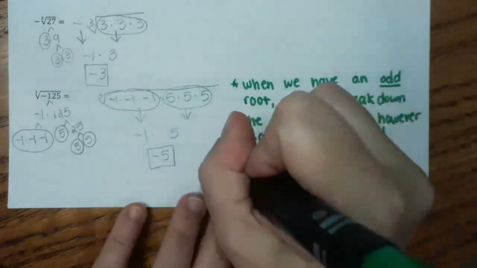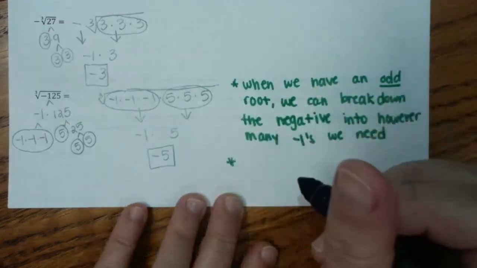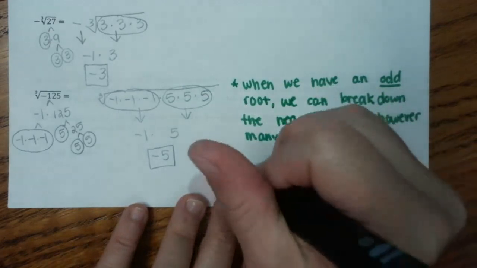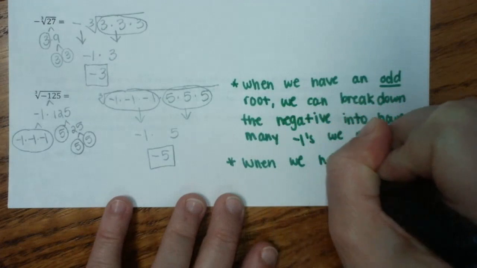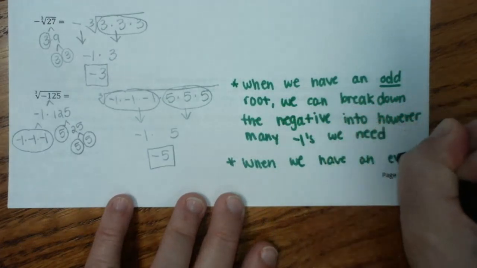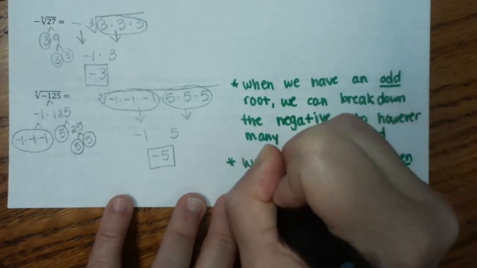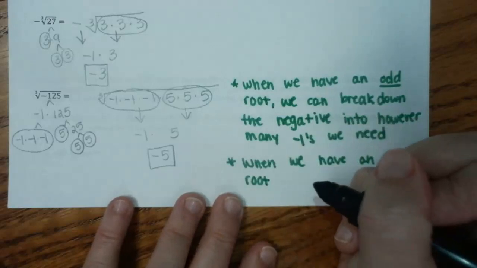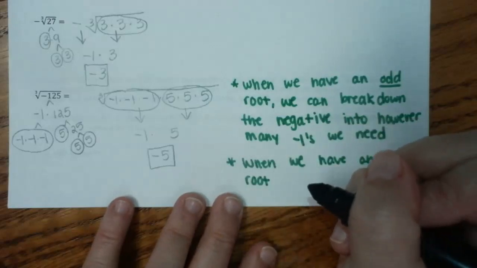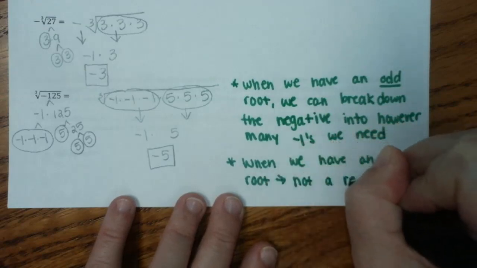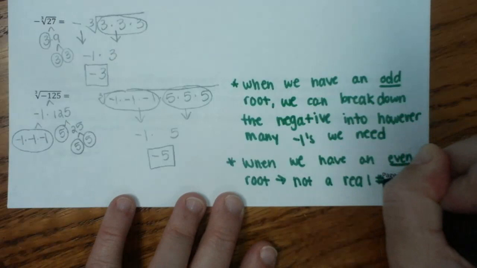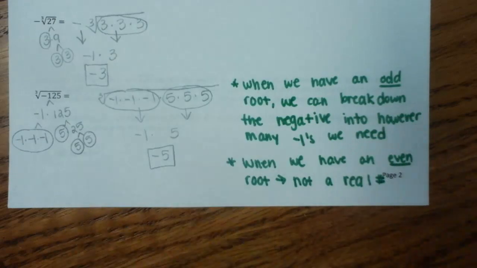And then if it's the even root, so when we have an even root, it's going to be not a real number, which in the future we're going to break down and show you.